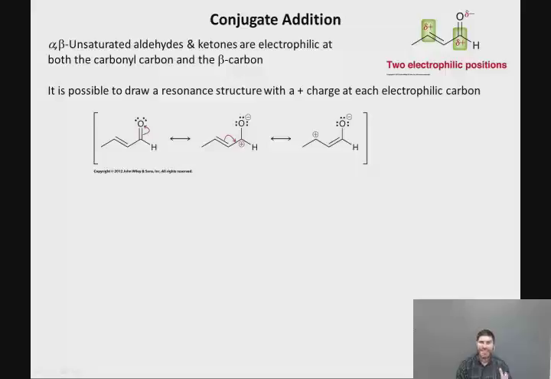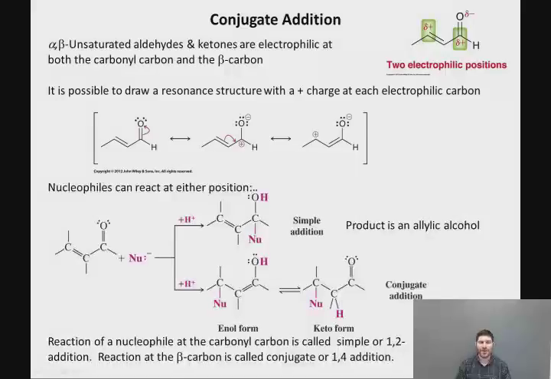If it's an alpha beta unsaturated aldehyde, this carbocation resonance structure is actually going to be an allylic carbocation, which means that I can draw another resonance structure in which I move the C=C pi bond and therefore put the positive charge on a different carbon, namely the beta carbon. It's this extra resonance structure that explains the electrophilicity of the beta carbon.